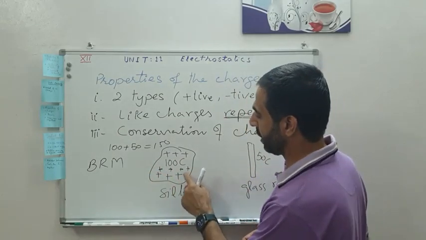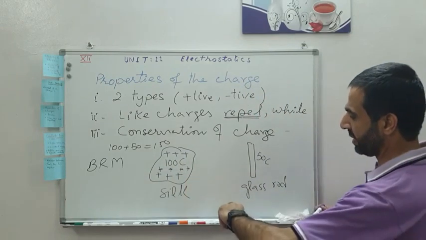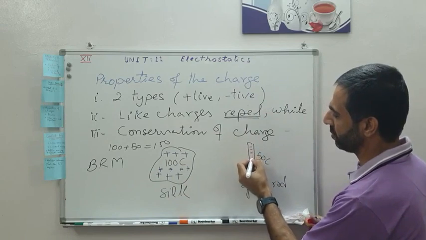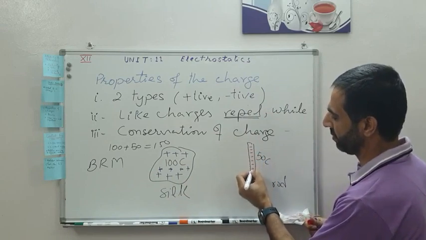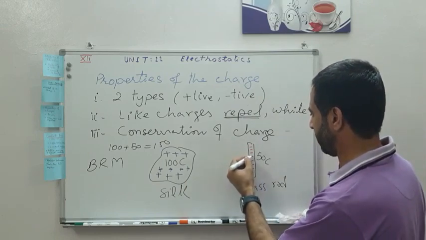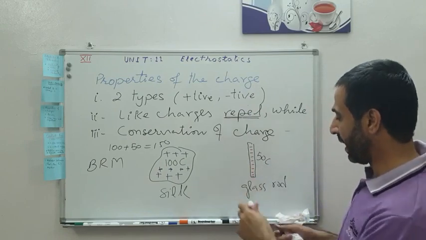How many? 1, 2, total 10. And definitely as a result, this acquires a negative charge, like this. 3, 4, 5, 6, 7, 8, 9, 10. This acquires a negative charge.